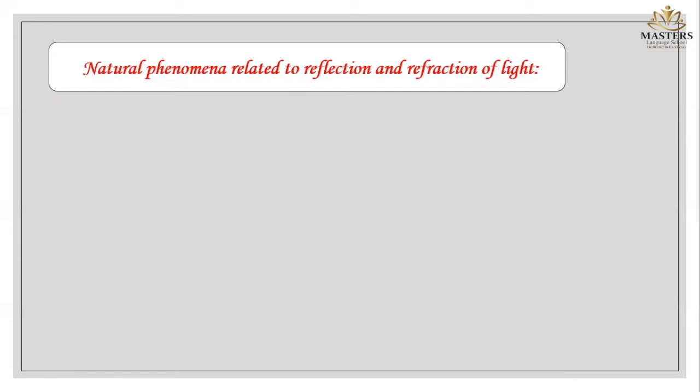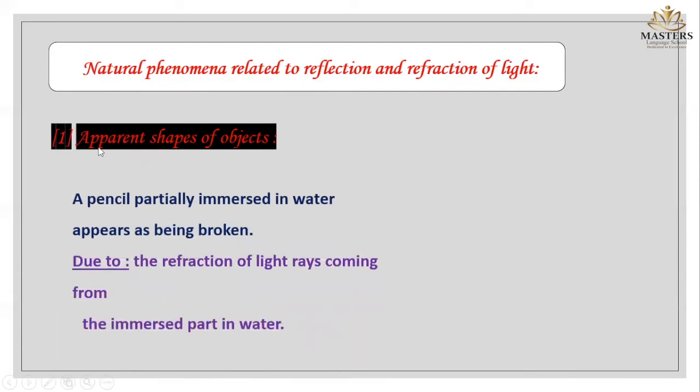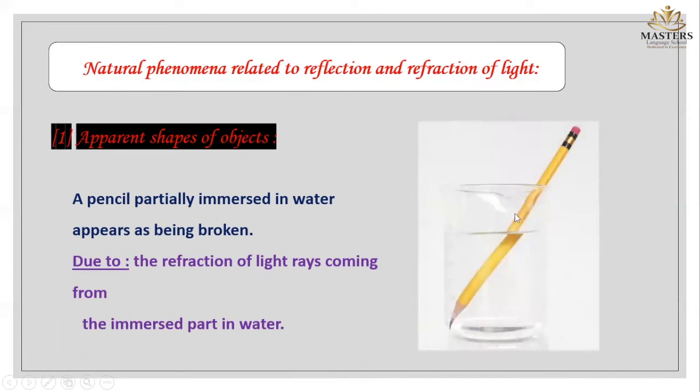Now, natural phenomena related to reflection and refraction of the light. Number 1, apparent shapes of objects. If you put a pencil in water, you will see that the pencil has been broken.